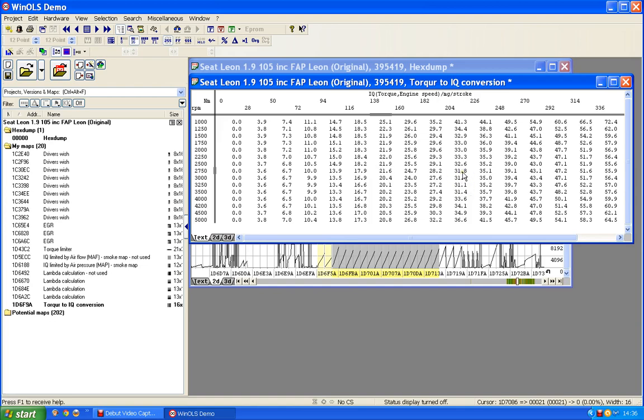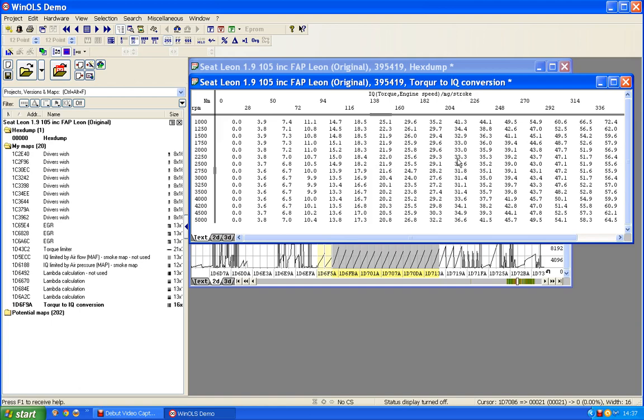If we want the same torque but we want more revs per minute, then we have to inject a little bit more fuel. But whereas lots of the maps that we look at, especially for tuning purposes, are limiting in some way, this one simply is a conversion. So it will just give us a value in one form and change it into the same value but in a different form.